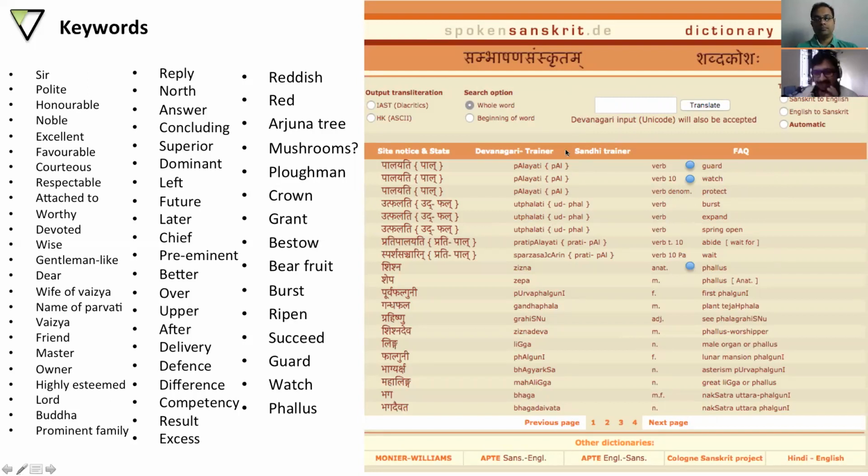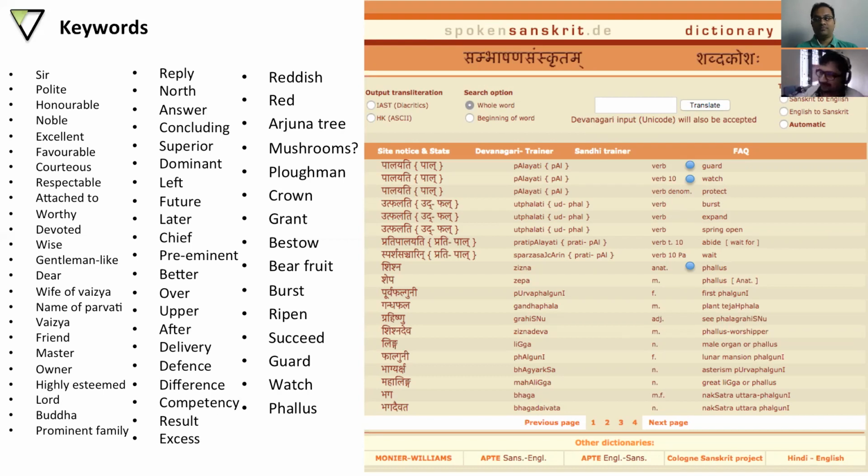That is literally a male sexual organ. It's also showing the high sexual drive these natives will have. And even though the word on the left has no connection with Phalguni whatsoever, the dictionary gives you the option to search for wherever phal appears within the entire dictionary. So phallus is again showing the connection with Shiva. And remember, the animal here is the bull, and the bull is very highly masculine. So it's again showing the strong masculine energy present within this nakshatra.